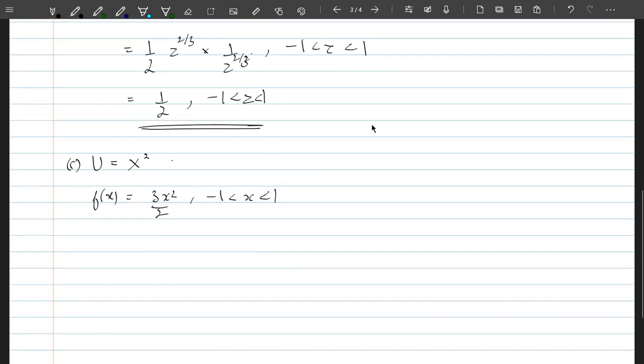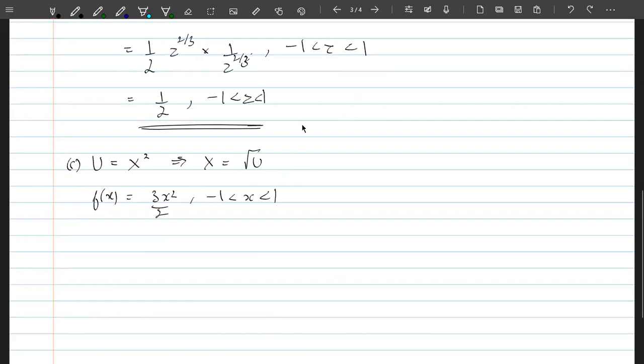So u equal to x square implies x is equal to square root of u. But this is not a monotonic function because x is going from minus 1 to 1. If x was only between 0 and 1, then it would be monotonic, but here it's not. So you cannot actually use that theorem as it is here.